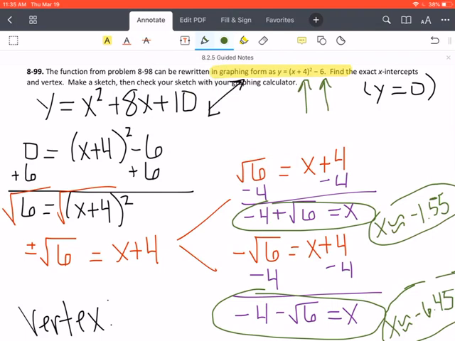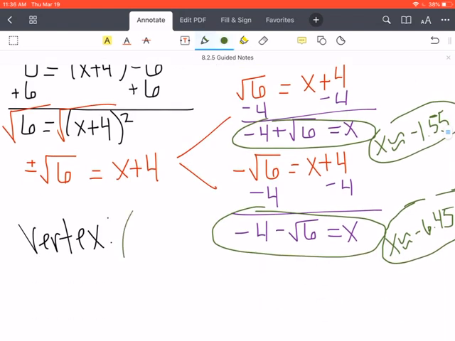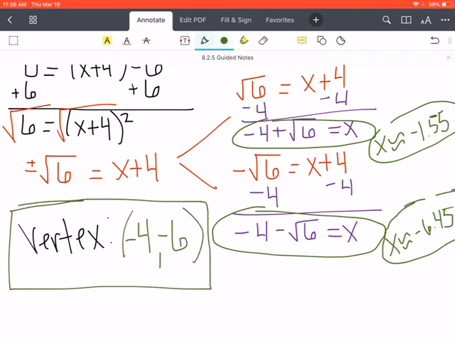We are going to look at the value inside the parentheses as the opposite of the x value of the vertex, and then this -6 is the exact y value of the vertex. Okay, this shortcut hopefully is coming back to you. So in this case, the opposite of 4 is -4, and then we're going to tack on that -6 as is. So that is really nice when we have graphing form. The vertex takes no extra work.